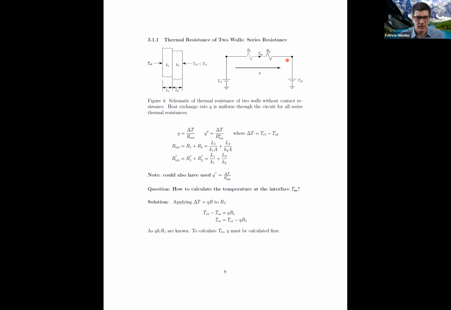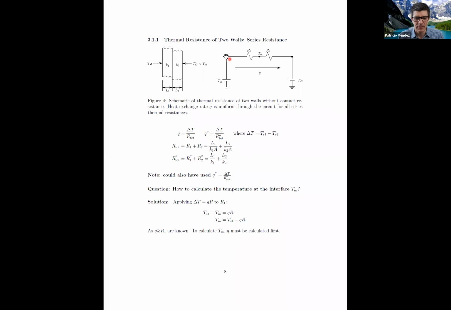Important points here: if we have ground and here we have a battery of TS1, then this point here is at the voltage of TS1, which means this is at the temperature TS1, and TS1 here is the outer surface of one of the walls.